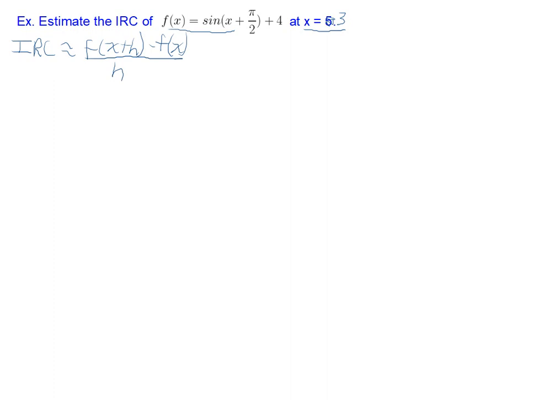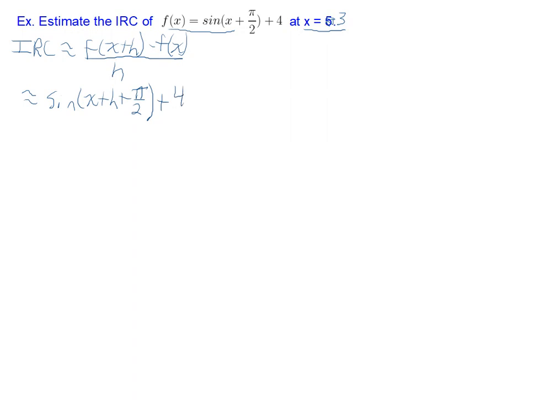And we'll just fill in the information that we have already. So this will be approximately equal to the sine of x plus h plus pi over 2, plus 4, sorry, I almost forgot our plus 4 out the back end there.